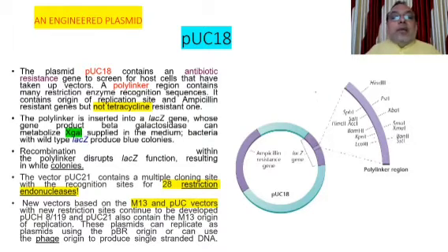Now we were talking about plasmids having polylinkers, that is multiple sites of integration. So we have devised another plasmid, which is called pUC18. It contains an antibiotic resistance gene to screen the host.